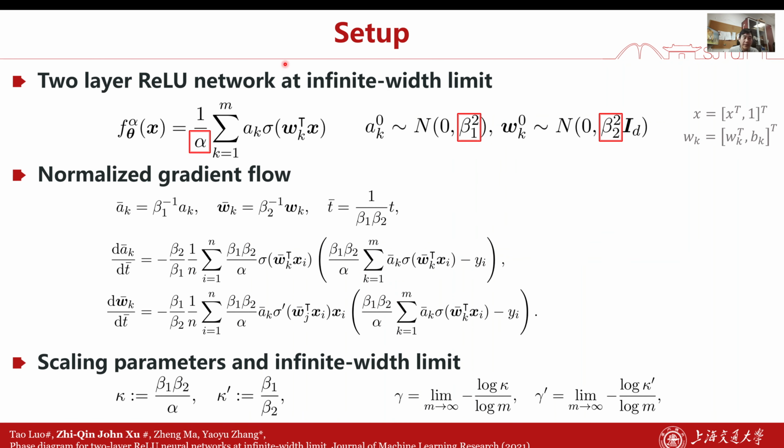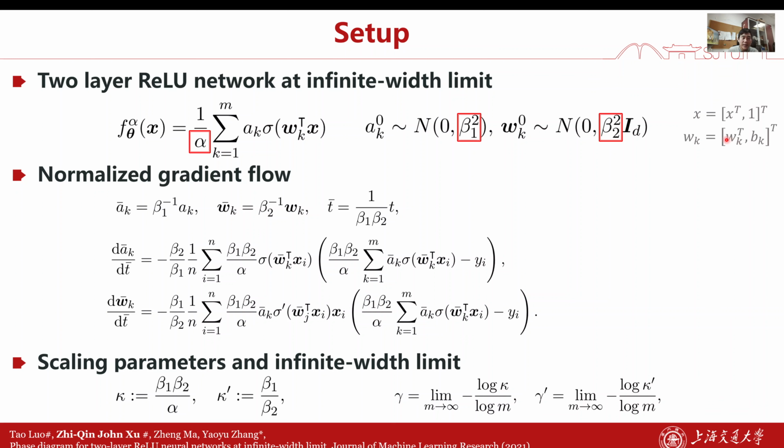The model we have introduced is the two-layer neural network with a prefactor 1 over alpha here. And the output weight is initialized with Gaussian distribution and scaling beta 1. And the input weight is with scaling beta 2. And we also have a slight abuse of notation here to combine the bias term into the input weight.